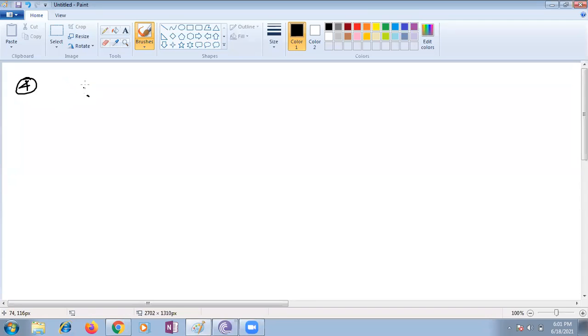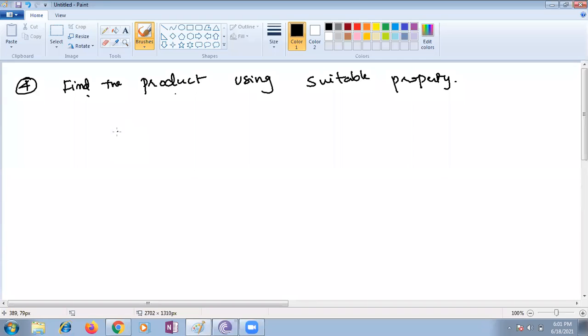And next, find the product using suitable properties. You see, children, the question is given like that. You can use the property: 738 and 103.